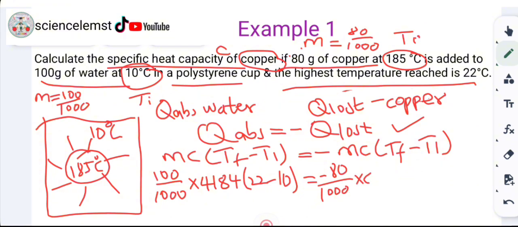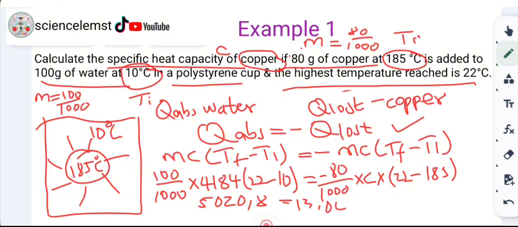We are looking for the C. The final temperature 22 minus the initial 185. So this side we're going to have 5020,8, which is going to equal 13,04 multiplied by C. So how are we going to get C?